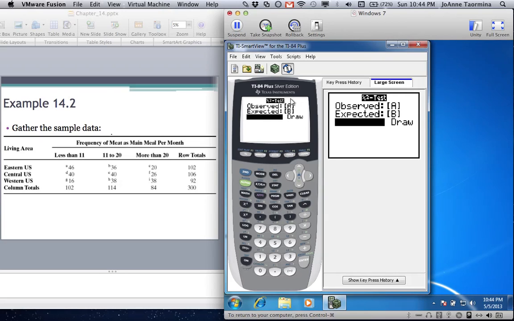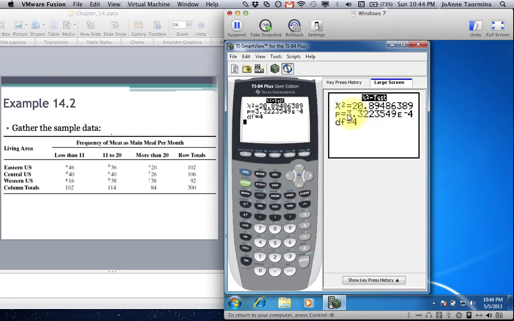So for our purposes, we don't really need to worry too much about the expected matrix B. We really care about the chi-square test statistic and its p-value. So we hit enter and we get chi-square equals 20.89 and p equals 3.322.